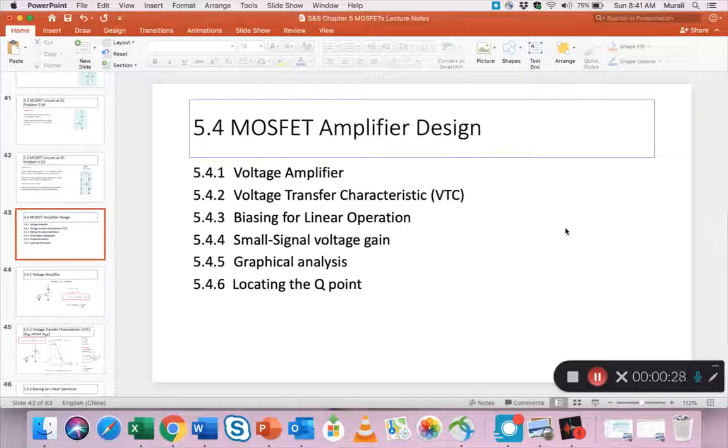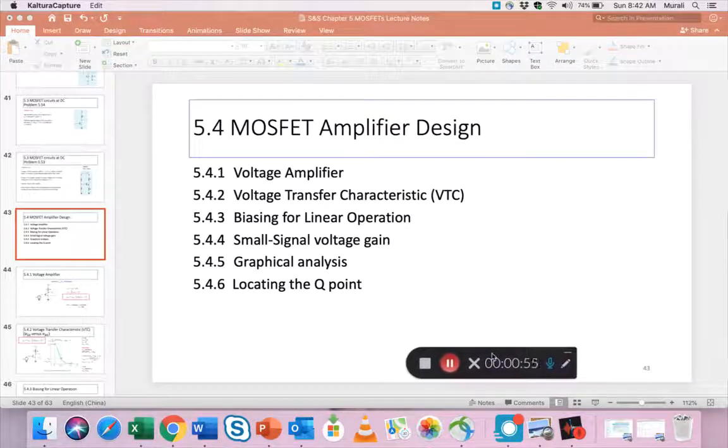In the last lecture we covered section 5.4 from the textbook, MOSFET amplifier design, and also section 5.5, small signal models. So the examples and problems I'm going to look at today are about this material. Okay, let's get started.